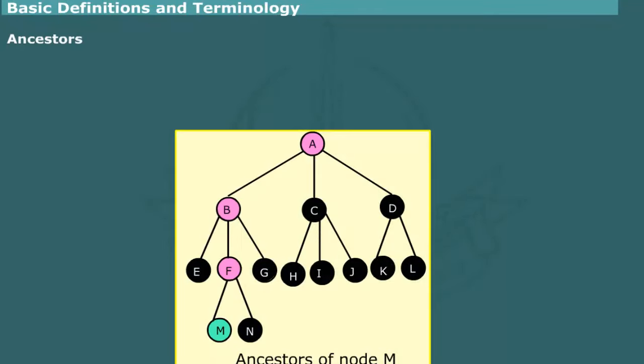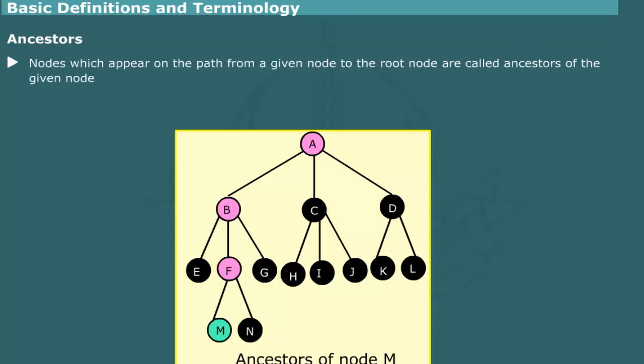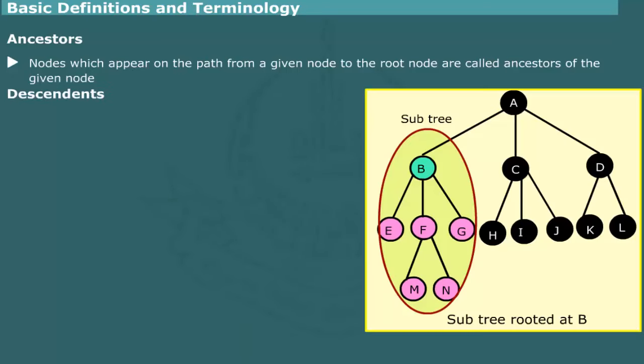Ancestors. Recall that in a tree structure, a node has a unique path to the root node. All nodes which appear on the path from a given node to the root node are called ancestors of the given node. For example, ancestor of M are F, B, and A. Descendant.